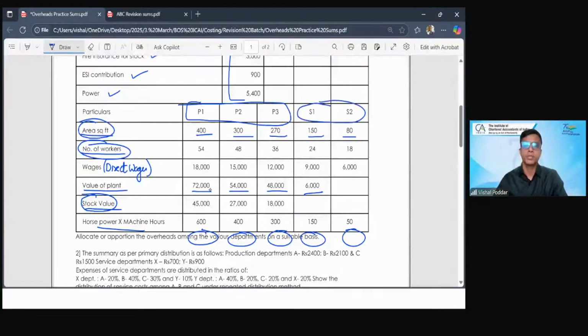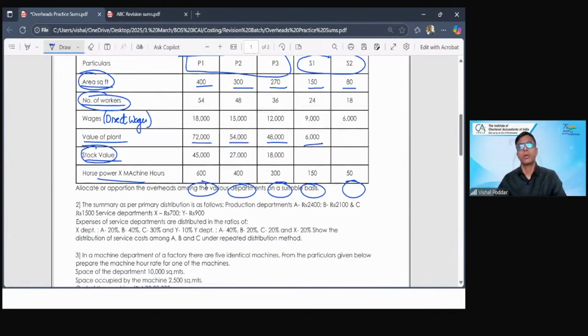Because service departments are not doing any production activity on the products, rather they are serving the production departments. So ultimately, you are going to apportion the service department expense to the production departments, and you will be finding out ORR only for the production departments. Now, since I have to find out ORR for the production departments only, but at the end of this first step, which is primary distribution, I've got overheads for all departments, including the service departments.